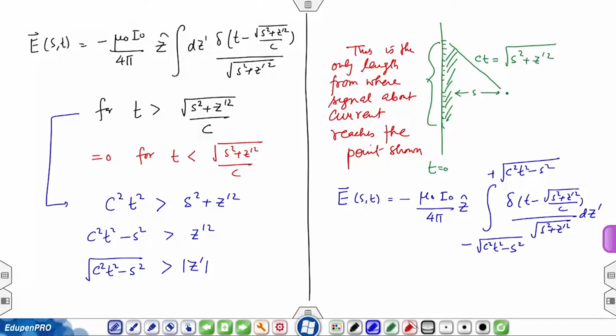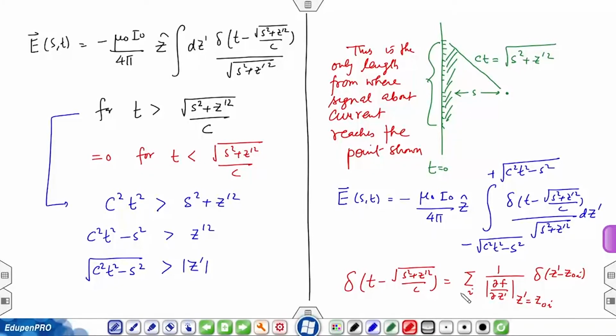To calculate this, what I am going to do is write my delta function, which now is a function of z prime as far as the integration is concerned, delta of t minus square root of s square plus z prime square over c, is equal to summation over i of 1 over modulus of partial f over partial z prime at z prime equals z 0 i, where the argument is equal, delta of z prime minus z 0 i.